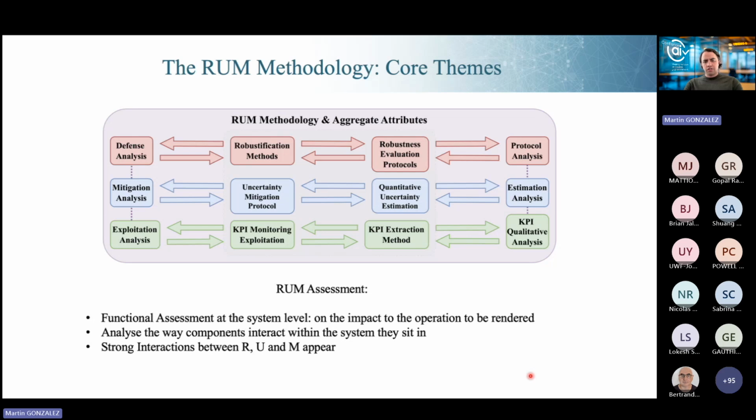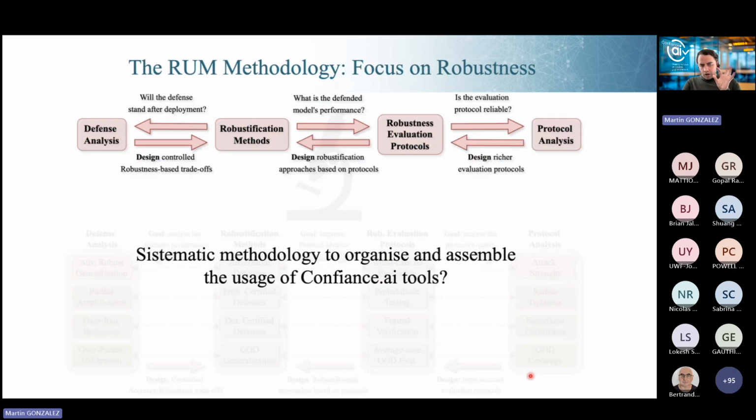So I'm going to just give a focus on robustness. And essentially, as you saw already, this works at least in 4 different dimensions. So if you start from robustness evaluation protocols, the first question you're going to ask in analysis is: is the evaluation protocol reliable?